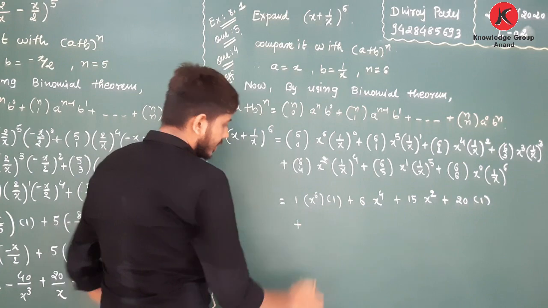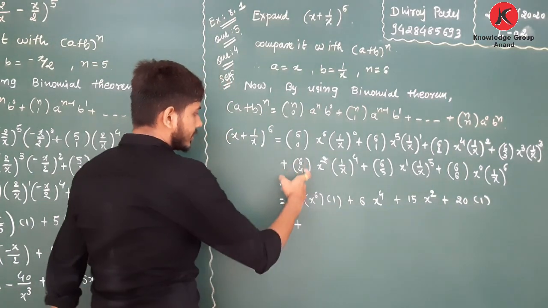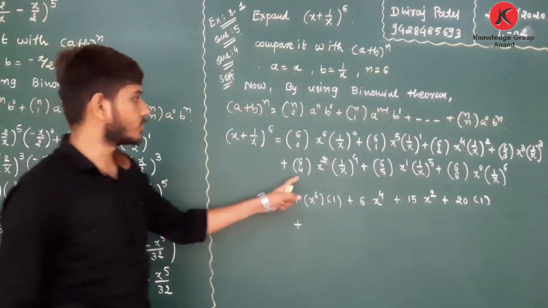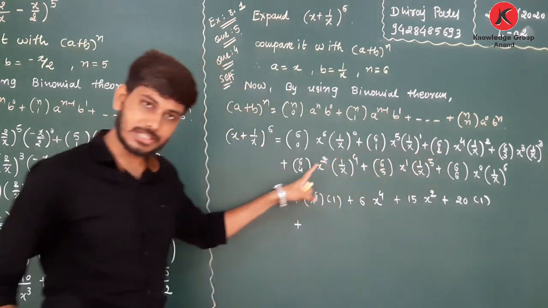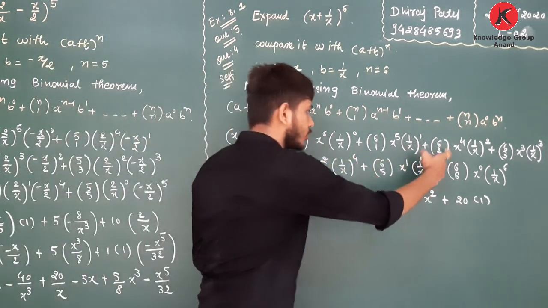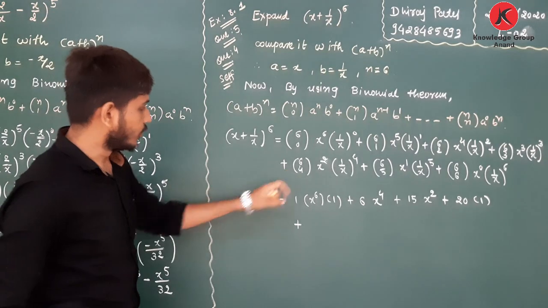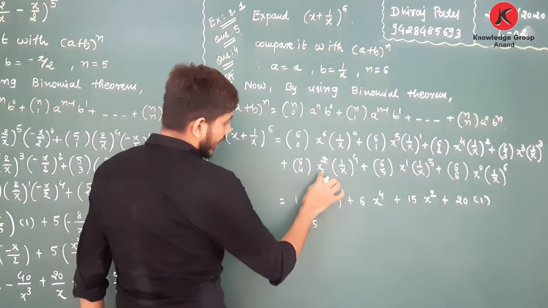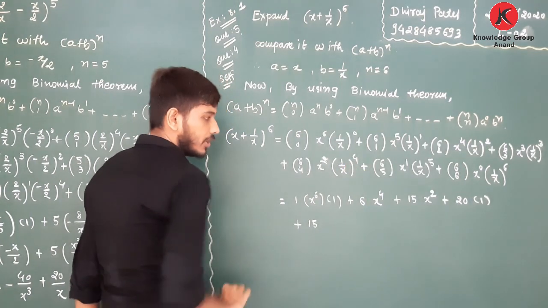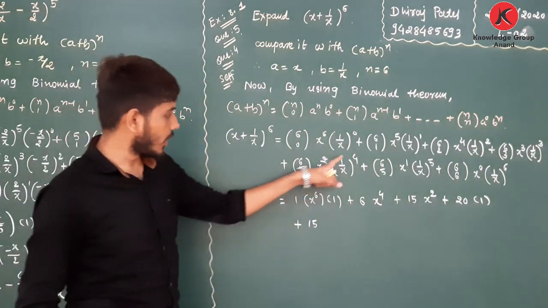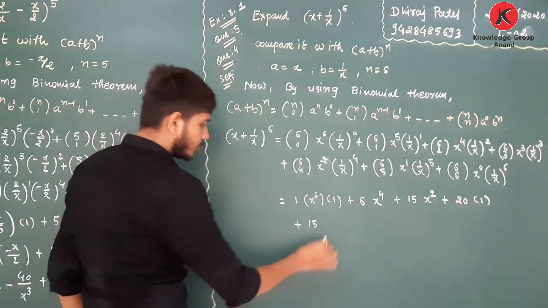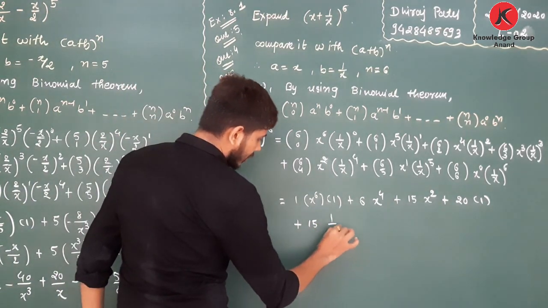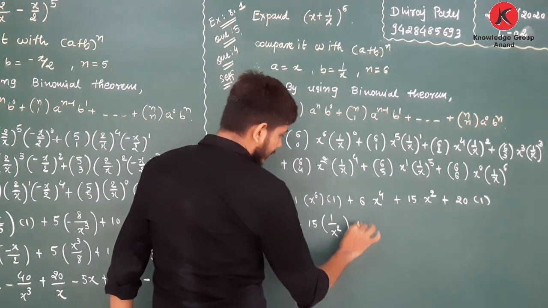Next plus 6C4, which is also equal to 6C2, because 4 plus 2 is 6. Okay, therefore we can directly write it is equal to 15 into x square into 1 upon x raised to 4, x square into 1 upon x raised to 4, which is equal to 15 upon x square.